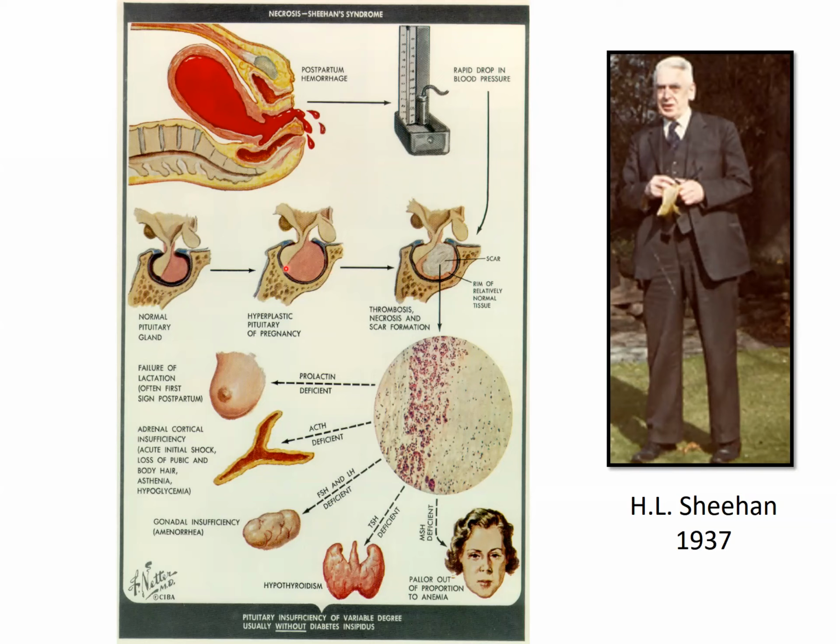Normally, the pituitary is not taking too much blood or oxygen supply. However, during pregnancy, the increased hormonal level and the hyperplasia of the pituitary need more nutrition, more oxygen. This is why it's hypertrophied and very sensitive to hypoxia.